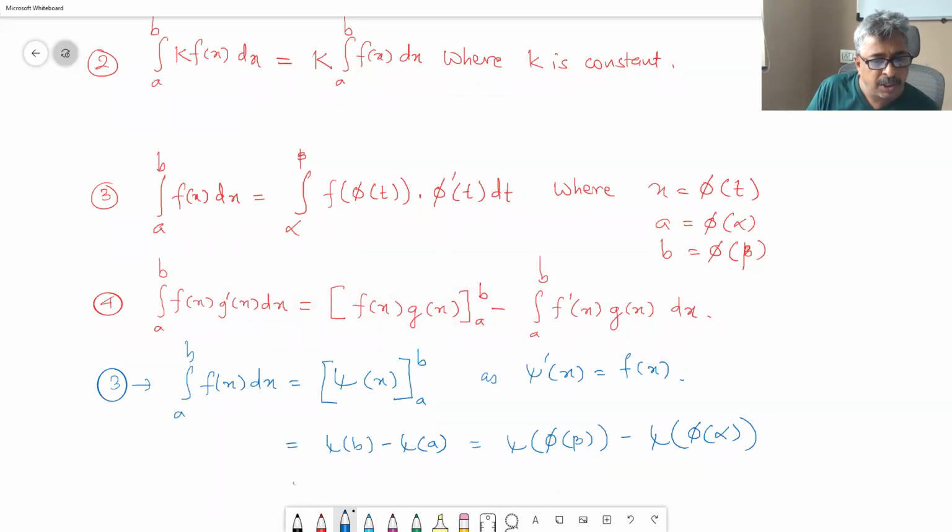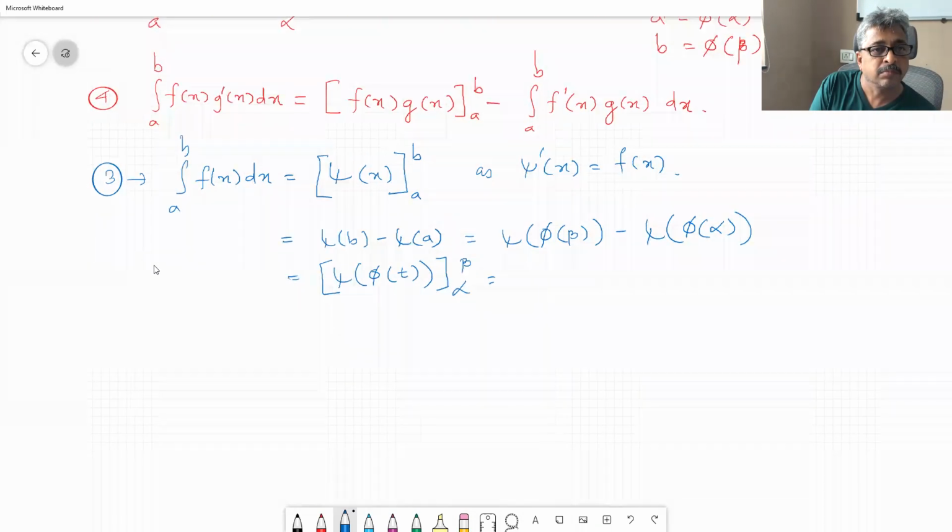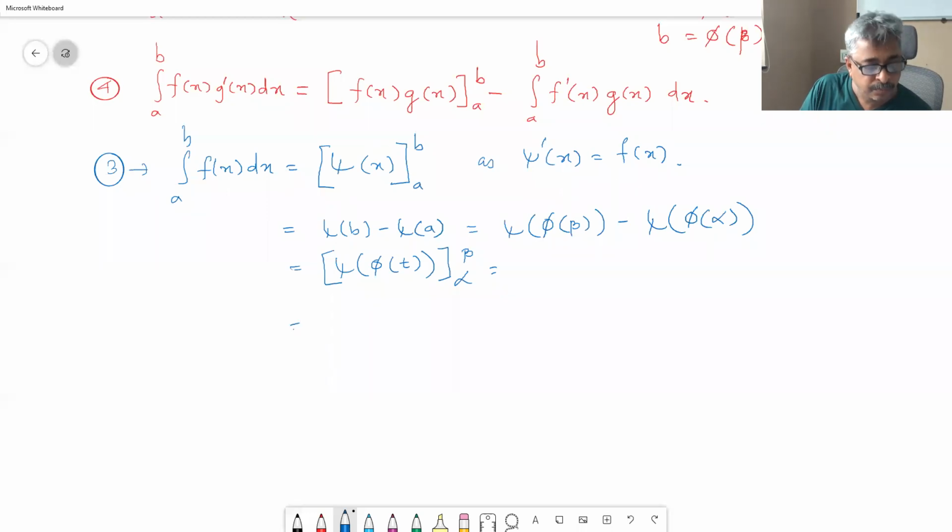Okay, which can be written as psi of phi of t evaluated between alpha to beta, which is equal to integral of the derivative with respect to dt of psi of phi of t, evaluated between alpha to beta.